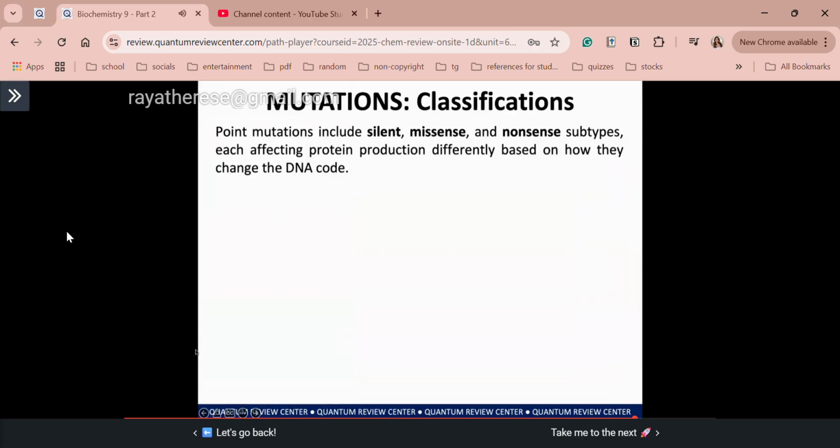First, we will discuss the subtypes of your point or base pair substitution. So this includes your silent, missense, and nonsense classification. So each of them can affect your protein production or expression differently based on how they change our DNA code.